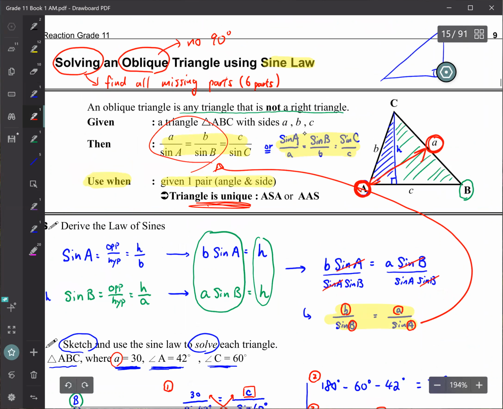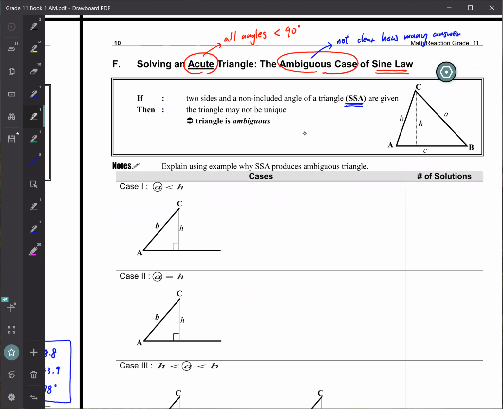Now for the next part, you will have something that's ambiguous if you are given angle side side, or side side angle. I like to call it ASS, easier to remember. Which means they will give you an angle here and then two sides, right beside it.